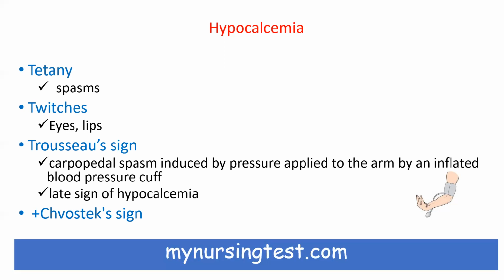Another sign that we have is Chvostek sign, right? That's the sign where you tap on the facial nerve and you get the spasm in the face. But Chvostek sign is not as reliable as Trousseau sign. So that's why I have a whole thing there for trousseaus. But just remember, hypocalcemia, tetany, twitches, trousseaus.